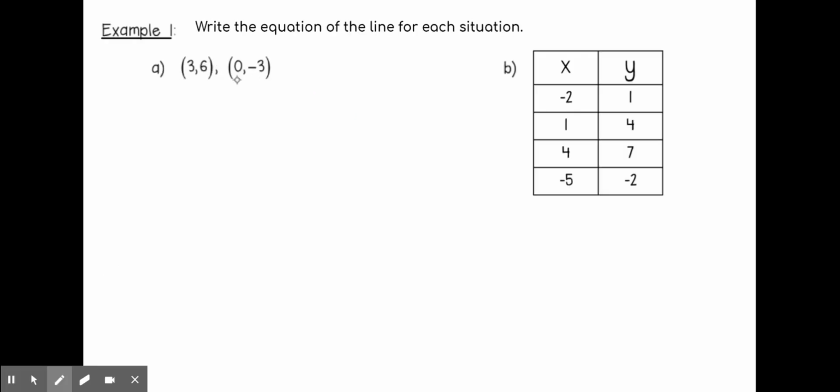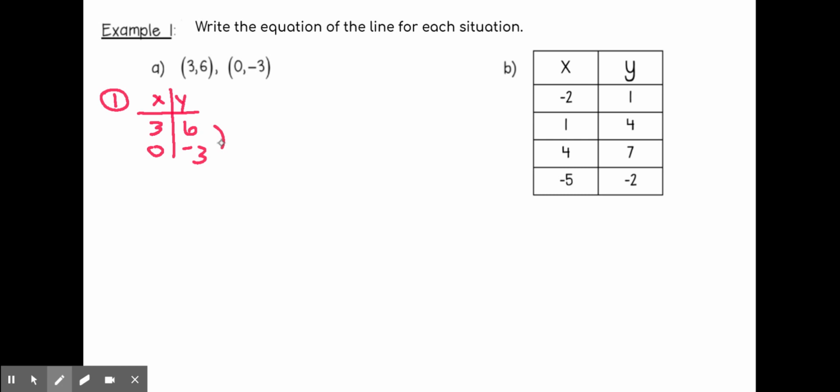Okay, so let's see what that looks like if they give us 2 points. All right, so the first thing I need to do, step one, was find the slope. They didn't give me a slope here. If you want to use the slope formula, you can. I'm going to show everything with a mini table. Just make sure that you get the correct answer if you use the slope formula. So I'm going to write (3, 6) in here, and I'm going to write (0, -3) here, right?